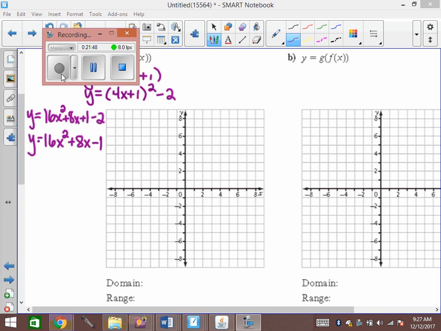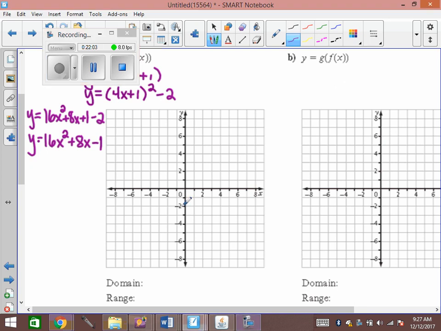So you're going to have a minimum at negative 0.25 and negative 2, so negative a quarter, negative 2.